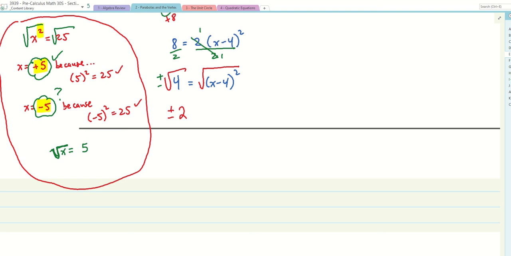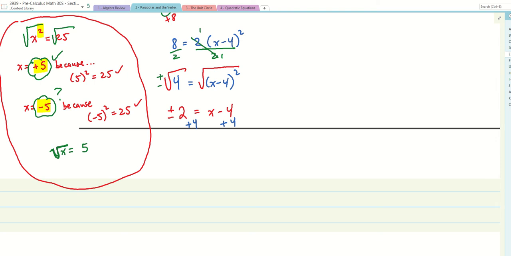So if I square root 4, remember, it could be positive or negative, just like we had in the example in my little bubble there. Okay? So the square root of 4 is 2, positive or negative. So square root and square cancel each other off, so I'm just left with x minus 4. Then I'm going to add 4 to both sides to get rid of the 4.